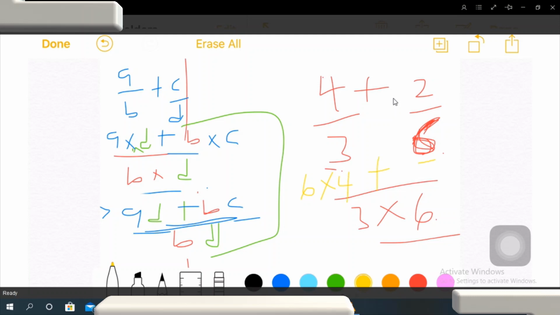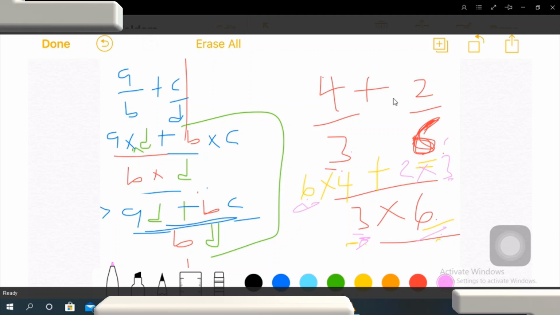Plus 6 goes into 3 times 6 how many times? So 6 will take 3. So we'll be having 2 times the 3 that is left here. When this came for this, 6 was left here.